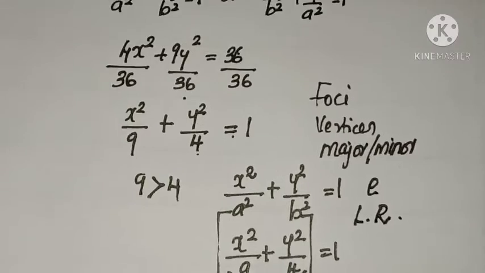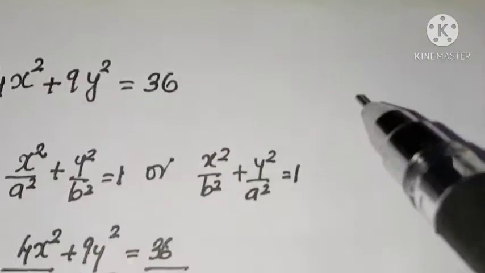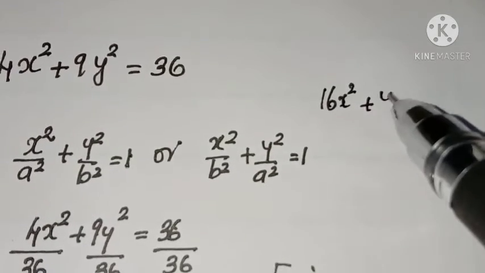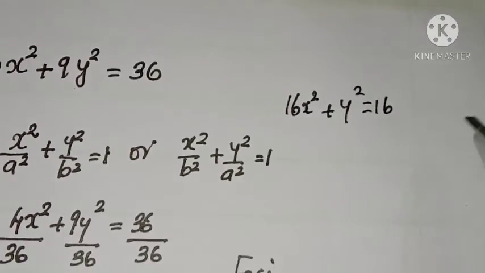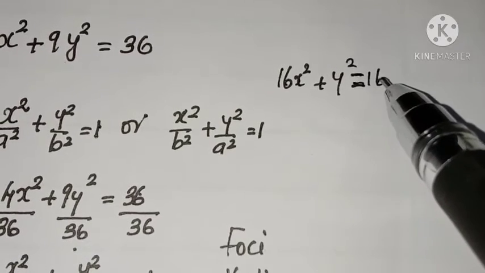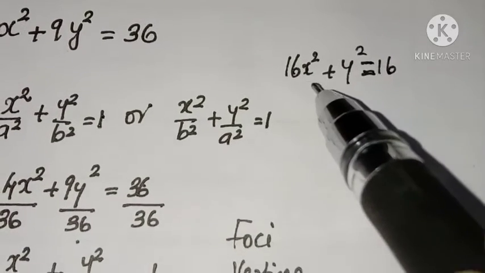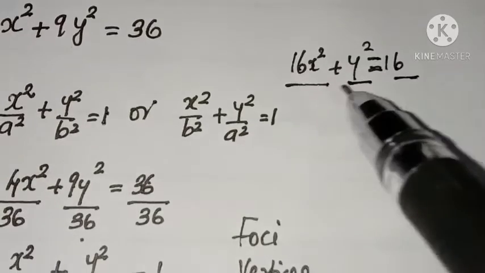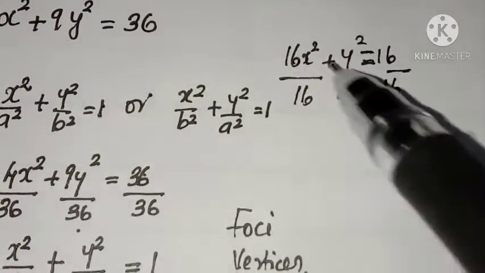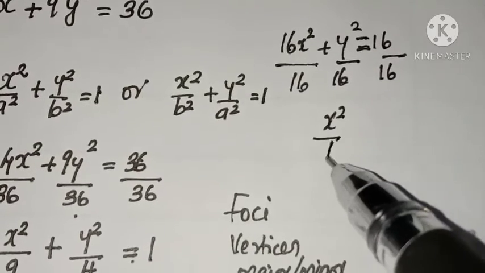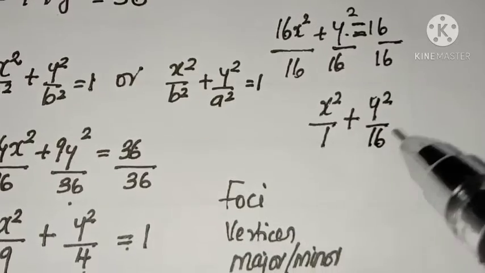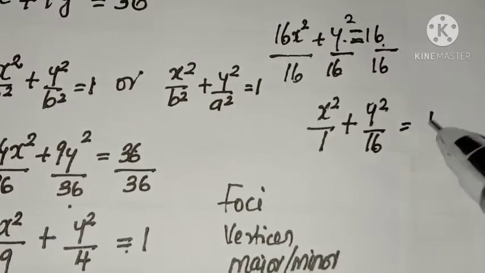Suppose we have another equation: 16x² + y² = 16. What is the method? Look at this part, equal to 16. So divide throughout by 16. This gives x²/1 + y²/16 = 1.